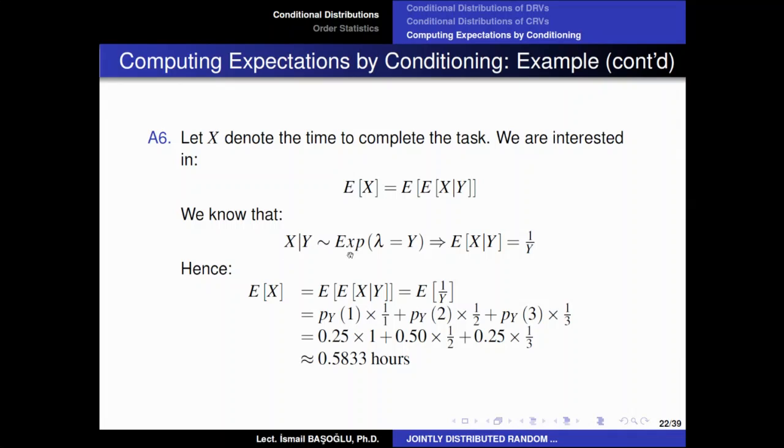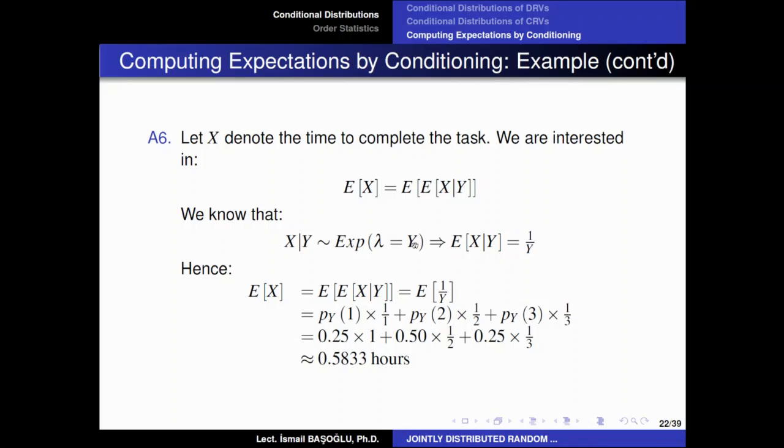And x given y, the conditional distribution of the completion time of this task given the number of people who are there to perform it, is exponential with rate parameter equal to y. The conditional expectation of x given y should be 1 over y in that case. The expected value of an exponential random variable is 1 over lambda.